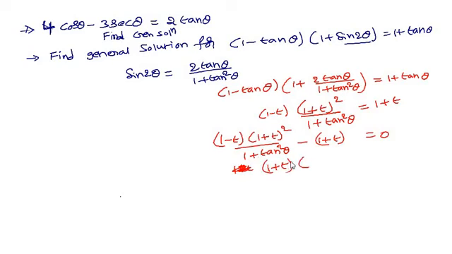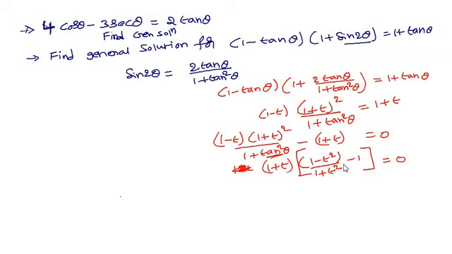If you take it common, what will it be? It will be 1 minus tan square theta, because 1 minus tan theta into 1 plus tan theta is 1 minus tan square theta, divided by 1 plus tan square, which is the denominator, minus 1, that should be equals to 0.